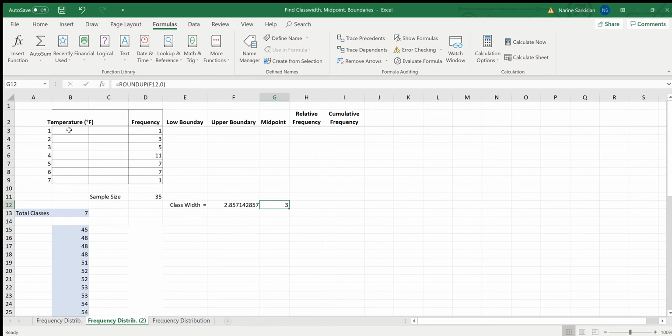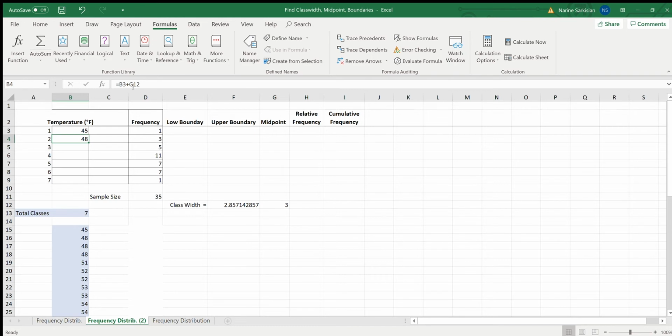Once we have class width, we are going to build our classes. So I'm starting here with the lowest one, which is 45. Next, the second class will be different by 3, like this one. So I'm plugging in the formula: equal 45, taking the cell of 45 plus the cell of the 3. As I go, I'm going to take the previous cell plus 3. So I don't want this cell 3 to be changed once I drag down.